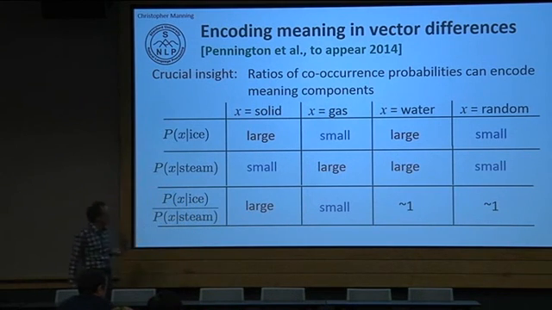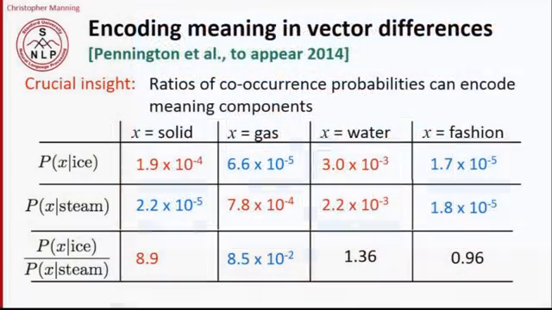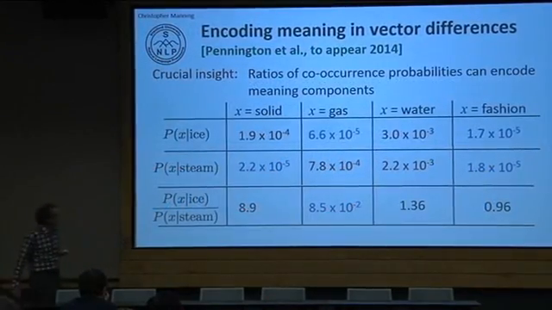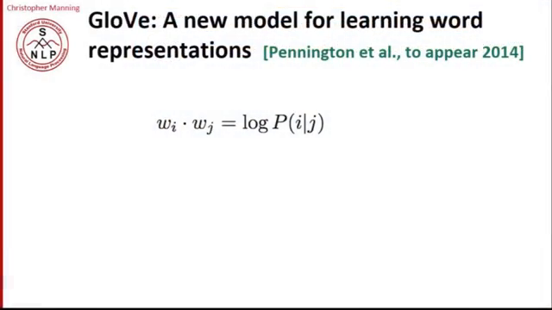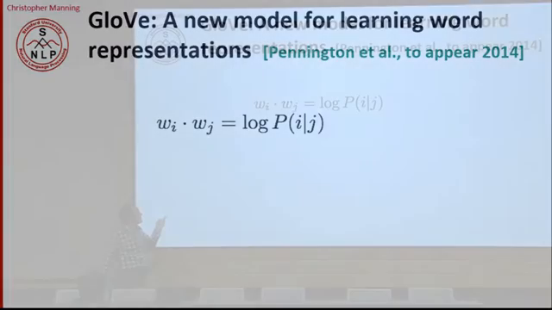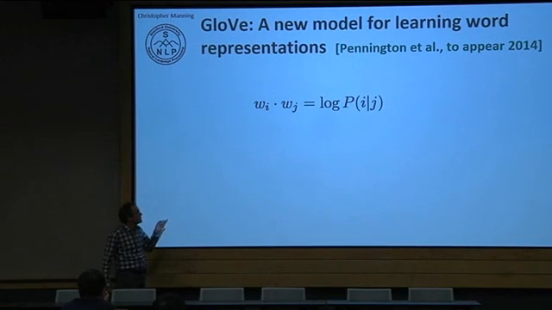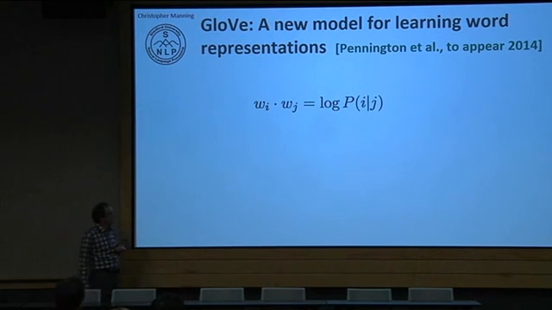And this actually works. If we plug in the counts from Wikipedia, you can see that this roughly gets the kind of effect that we want. Okay, so that's basically the model, which we're calling the GloVe model. We want to learn a model so the dot product between words is approximately equal to the log probability of one word appearing in the context of the other.